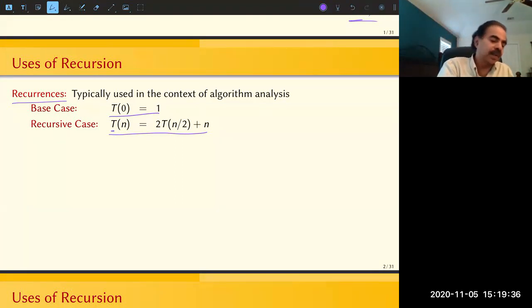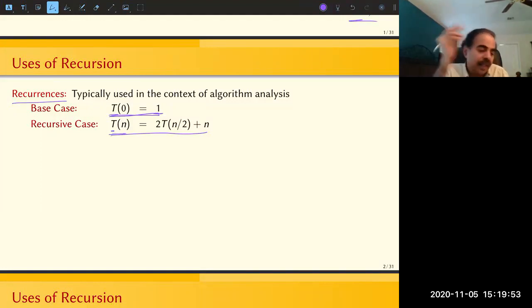The way to read this is that if you have an input to this algorithm of size 0, basically the empty input, then the algorithm takes 1 unit of time.